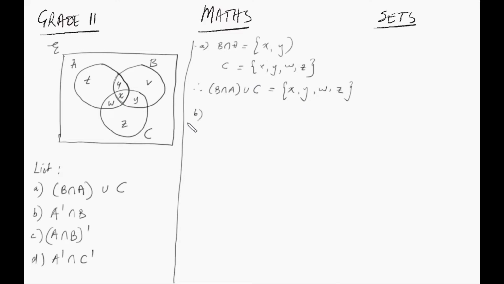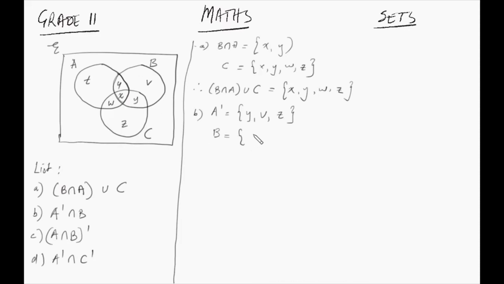Let's look at b. B is A complement intersect B. So you can start by looking at A complement. A complement, we talk of all elements outside A. That means we have Y, V, Z. Okay? Then let's look at B now. Set B is this one. What do we have?